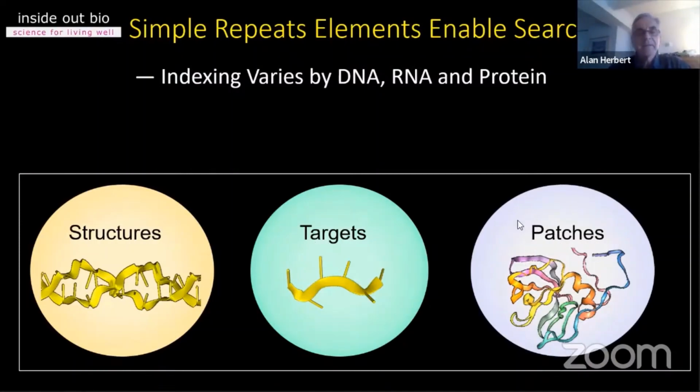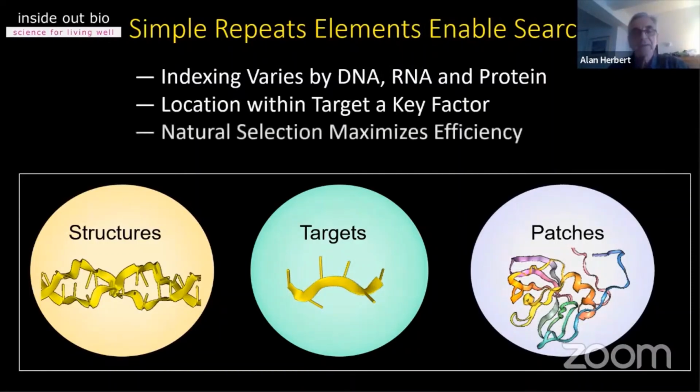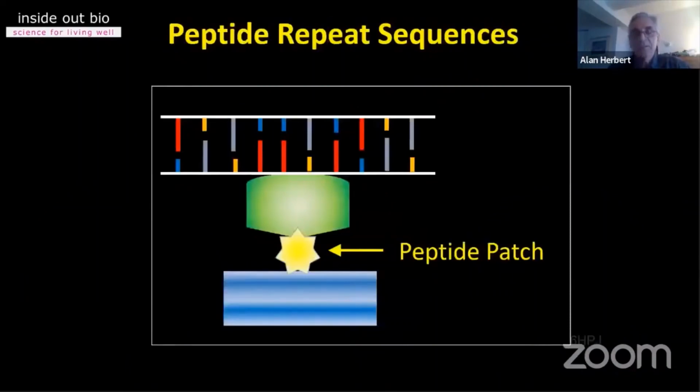And so the indexing varies by where these sequence repeats act, whether they act on DNA, RNA, or protein, and the location within DNA, RNA, or protein actually determines whether they are active or not. And you then have natural selection to maximize the efficiency of the search function in terms of trying to find a particular location or particular target, or to build a particular biological machine.